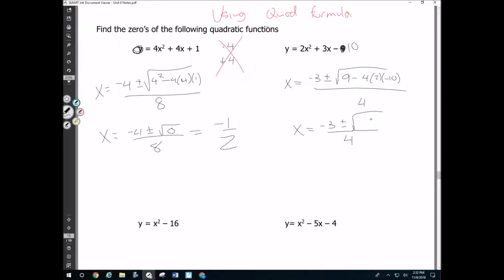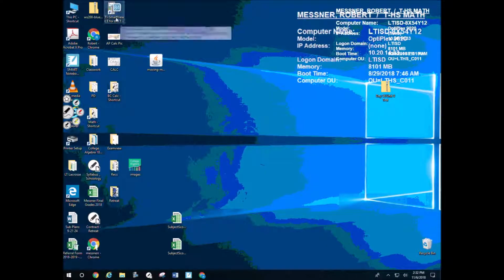Now, b squared minus 4ac ends up being 89. Change that to a negative 10. That changed the problem. Let's look at our calculator.